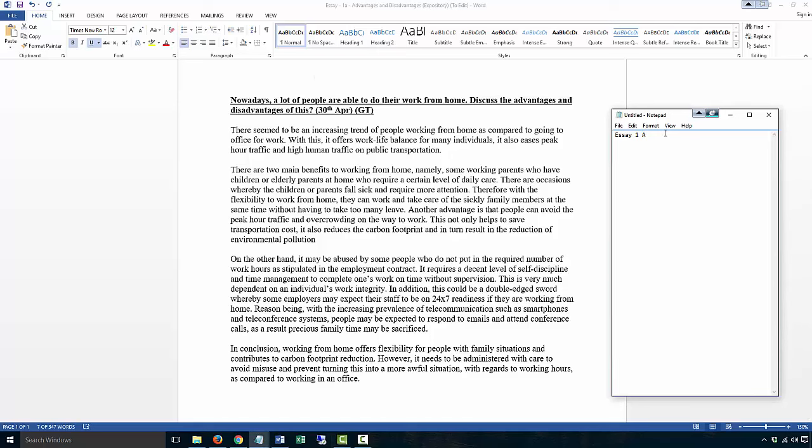The first thing you need to do is you need to make sure that you get 2-part expository, advantages and disadvantages. So the first thing you need to do is whatever question you have, you need to get the structure correct.